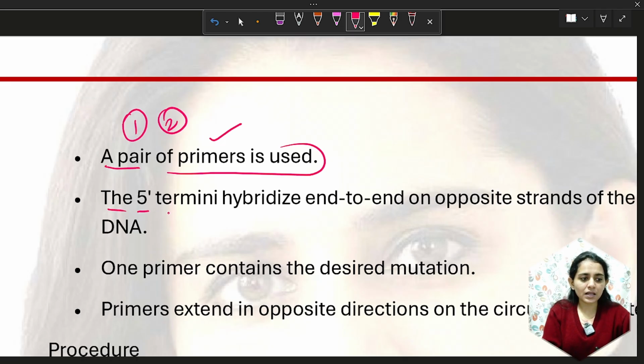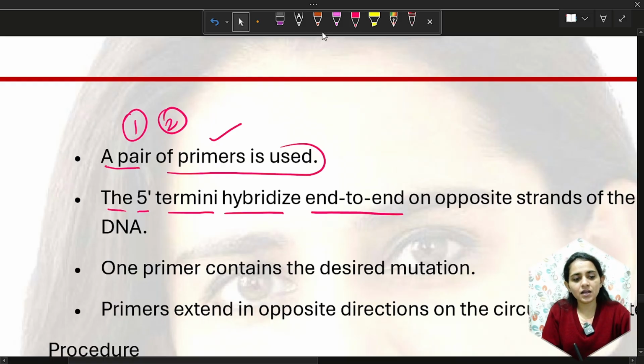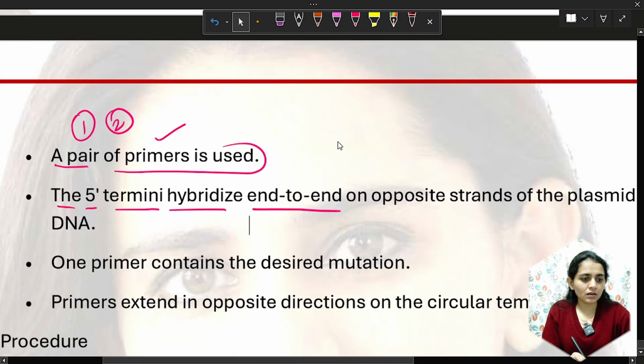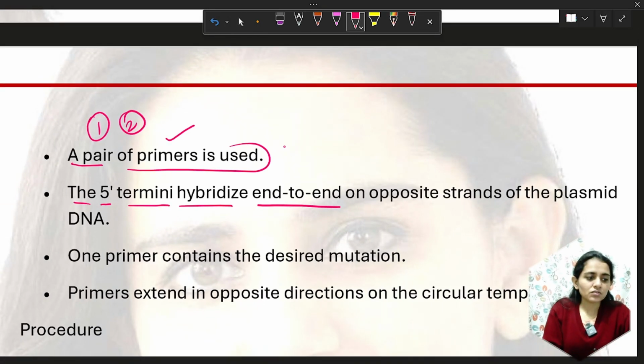The 5' termini hybridize end to end on the opposite strands of the plasmid DNA.